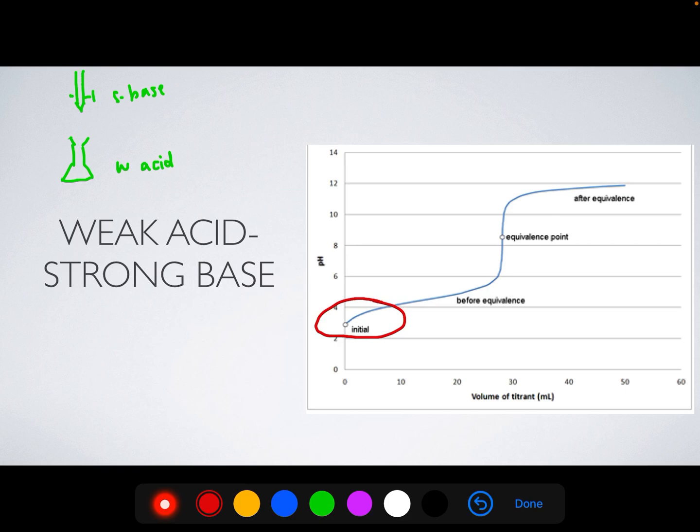Now since we are using weak acid, where we know that the dissociation is not 100%, so usually concentration of H+ dia pun tidak begitu banyak. So bila concentration of H+ dia tak begitu banyak, that means pH dia pun akan jadi tinggi sedikit. So we will begin with a slightly higher pH at the initial point.